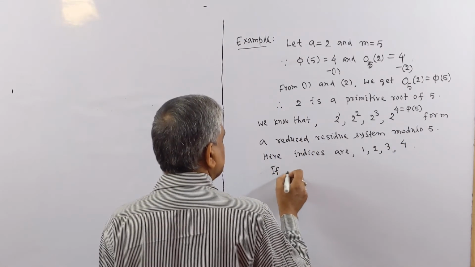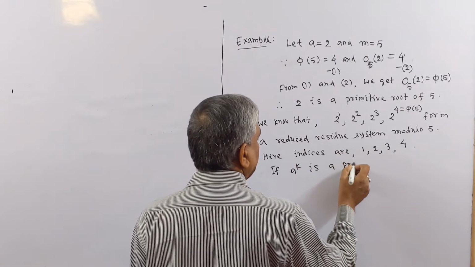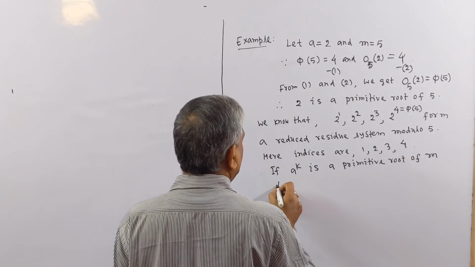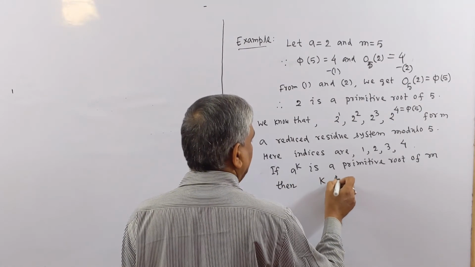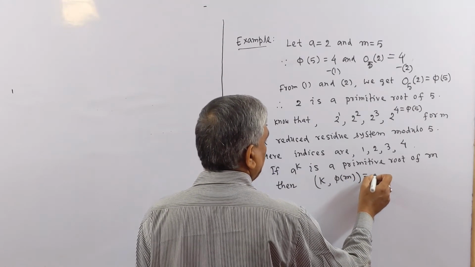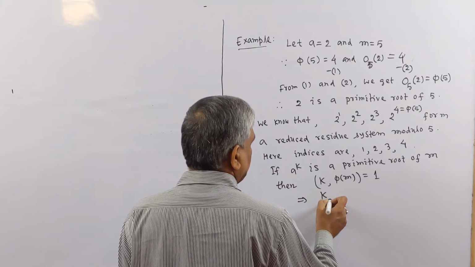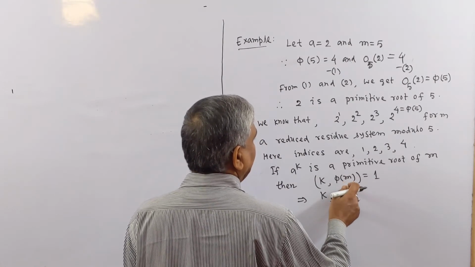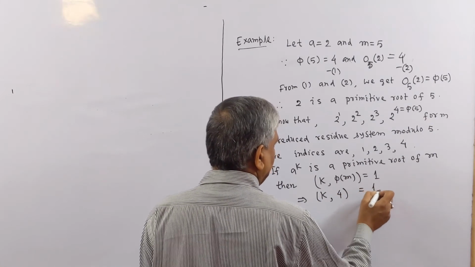If a to the power k is a primitive root of m, then GCD of k and phi m equals 1, which implies that GCD of k and phi m, here phi m means 4, equals 1.